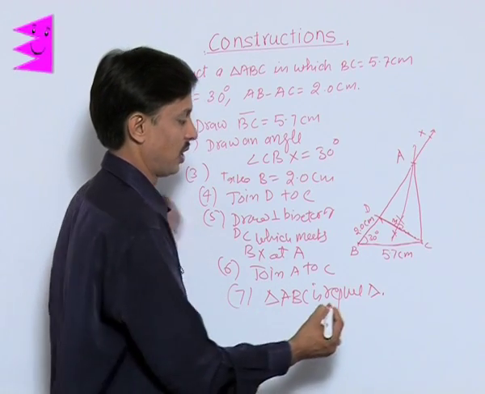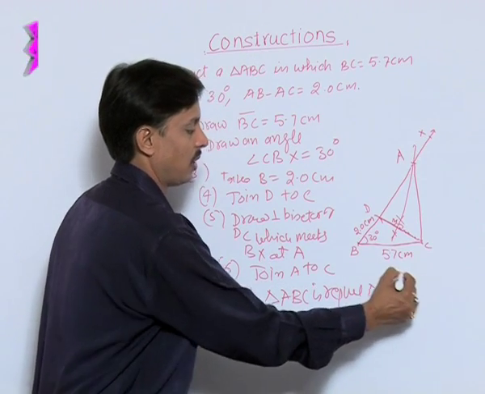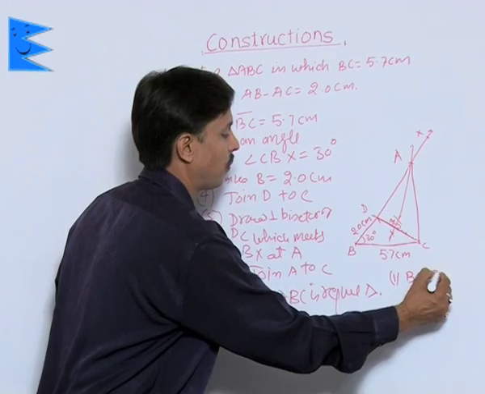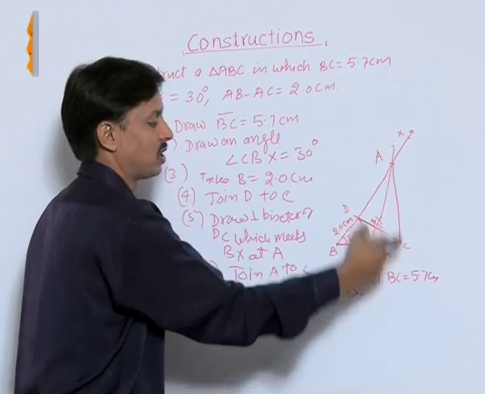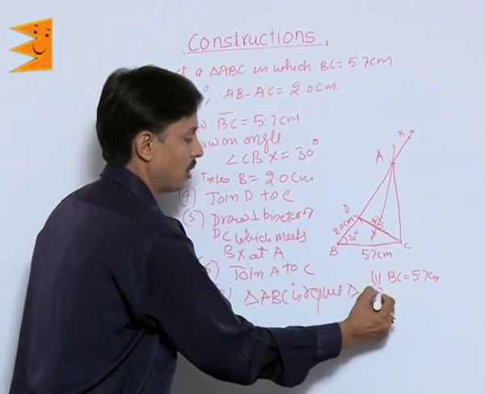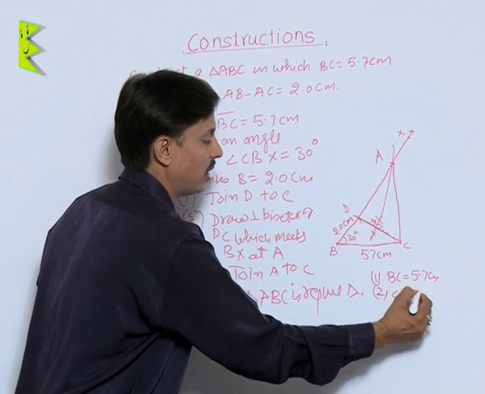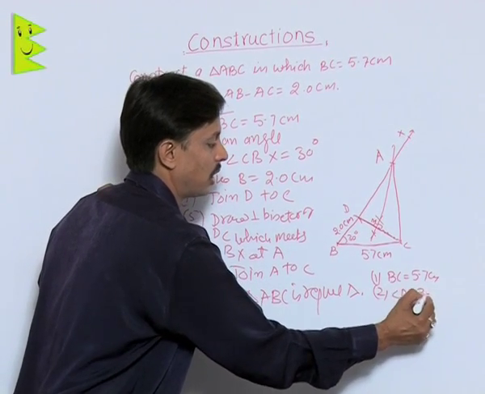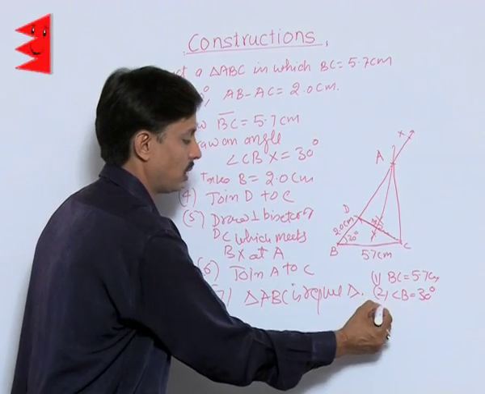What is the justification? First is BC, as we have taken 5.7 centimeters, so that is one reason. Second, angle B is 30 degree, we have drawn.